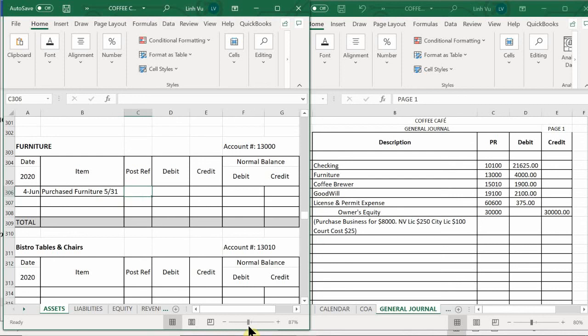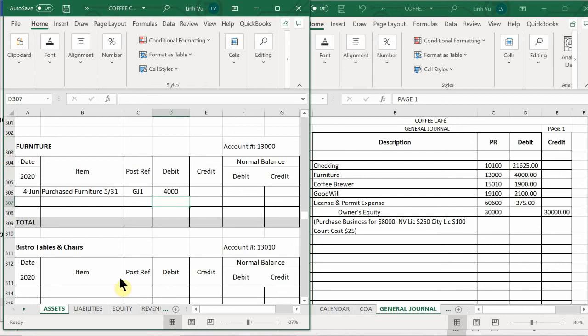Now, again, this transaction happened on general journal page number 1. And in my journal, did I debit or credit my account? Debit. You debited it, right? You acquired an asset. You increased your asset, because you used to have no furniture. Now you do have furniture, and it's worth a total of $4,000.